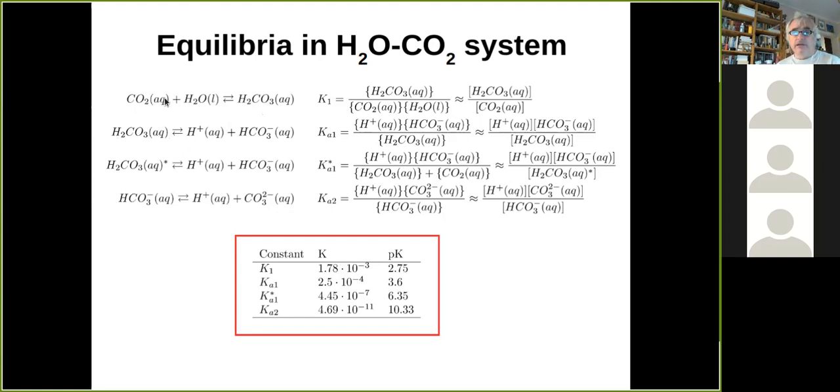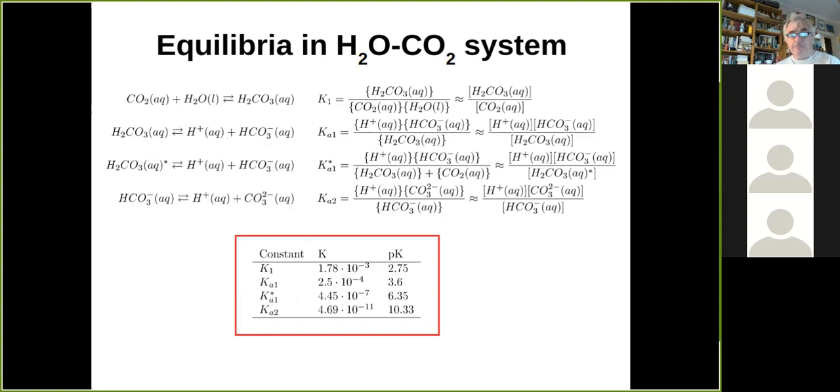Together, all of the carbons that these two first reactions represent can be clumped together in the third line here. If you see in the table below, the equilibrium constant of the first one and the acidity constant of the real acid, the product of these two is the acidity constant of this star version.